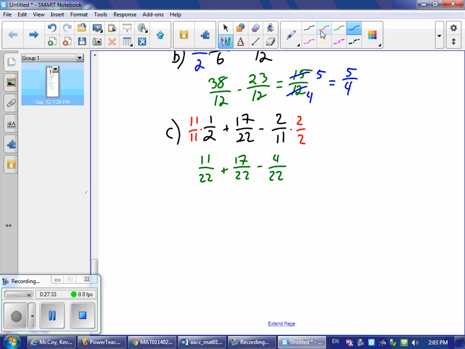So 11 twenty-seconds plus 17 twenty-seconds would give us 28 twenty-seconds. And then we'll take away 4 of those twenty-seconds, and we get 24 twenty-seconds. Both of those numbers are even, so we know a 2 can be divided out. 2 goes into 24 12 times, 2 goes into 22 11 times. So it looks like what we end up with is 12/11.